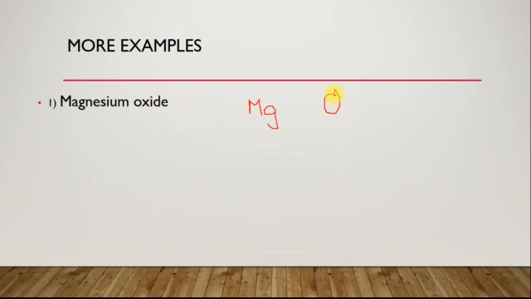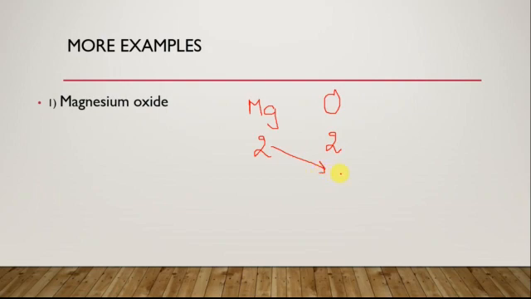The second step is to write down the valencies. So valency of magnesium is 2. The valency of oxygen is also 2. Brilliant. The third step is to swap the valencies. So we will swap it.